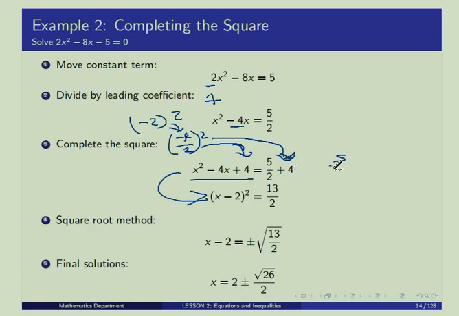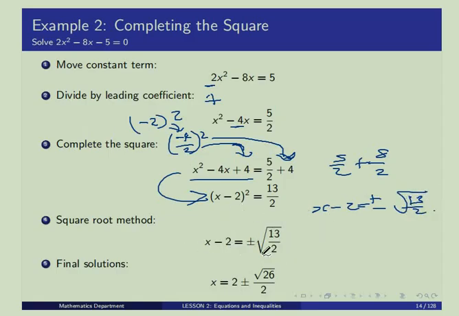This is the same as 5 over 2 plus 8 over 2, which is 18 over 2. And then if you take the square root, you will get x minus 2 equals plus or minus. Remember, every time you take the square root, you get plus or minus.